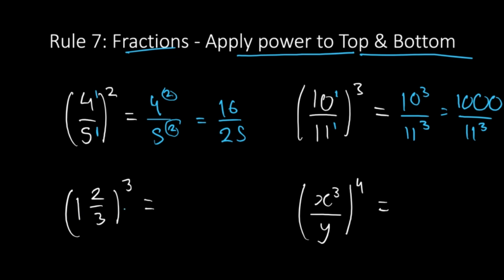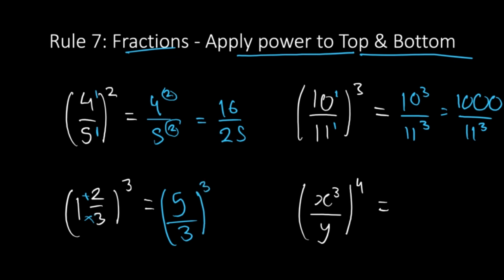Okay, don't confuse yourself, just do that. So this converted into an improper fraction, you do 3 times 1, which is 3, and then you add 2. So 5, 3 times 1 plus 2, 5, and then over 3, all to the power of 3.